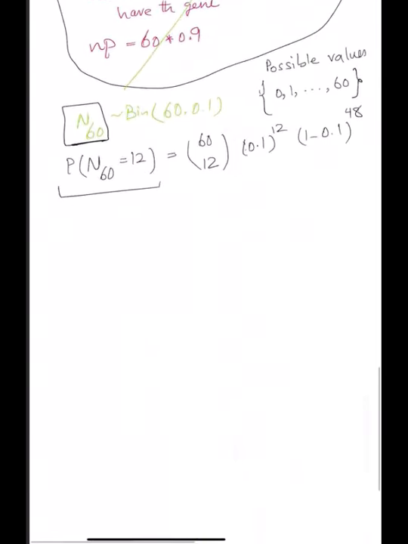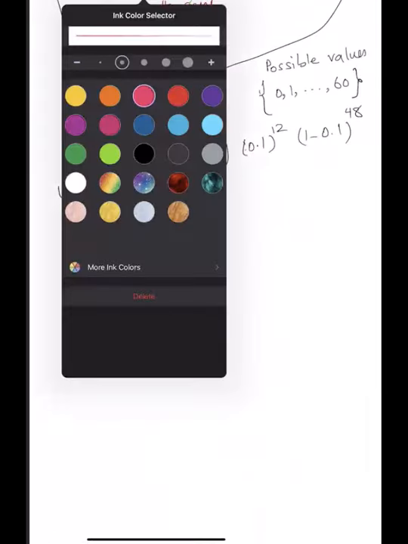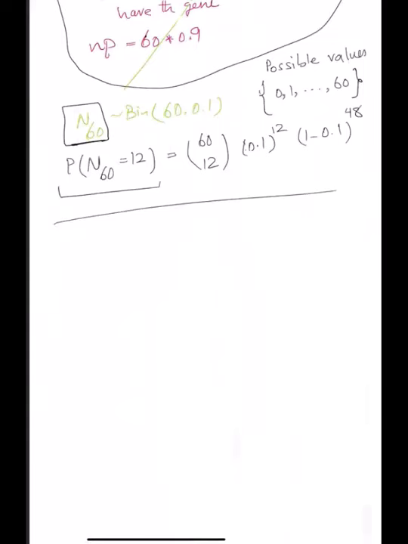So if I want to come here in part B, I'm looking at N40. The total number of experiments is 40, which has a binomial distribution. N is 40 here.